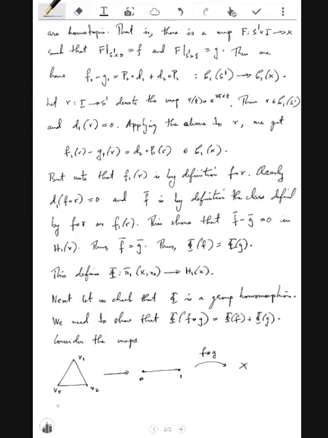So the first map is the linear map, which sends v0 to 0, v2 to 1, and v1 to half. So denote the composite sigma from delta 2 to X. And the second map is just f star g. From 0 to half it is f, and from half to 1 it is g.